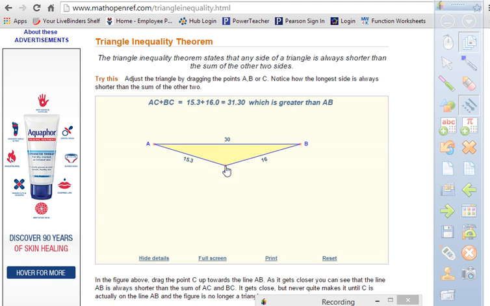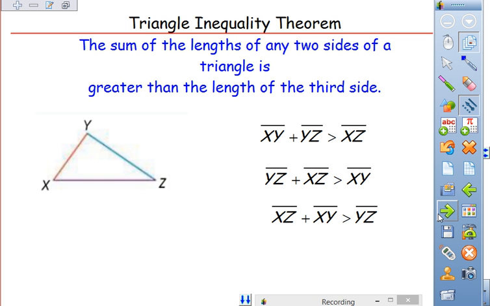Hopefully this illustration helps you see what relationship we have to have. I know those numbers are pretty small unless you're watching it on your computer. The sum of the lengths of any two sides of a triangle has to be greater than the length of the third side. Looking at our picture, yours is not color-coded, so bear with me.